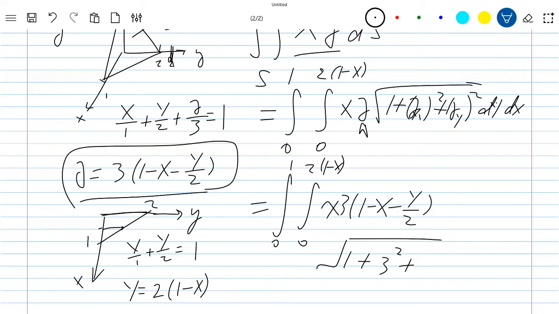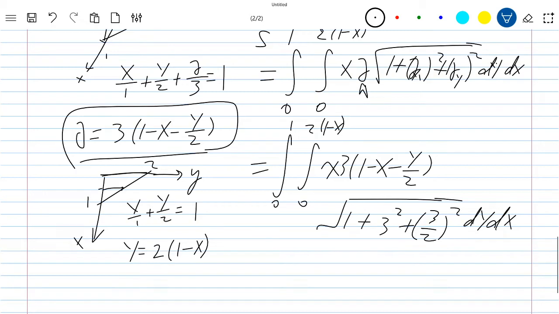And take y derivative, you get negative 3 half. Alright, so inside the integral, you have 10 plus 9 fourths. So 10 plus 9 fourths, and that's 49 over 4, so 7 over 2 if you take a square root.